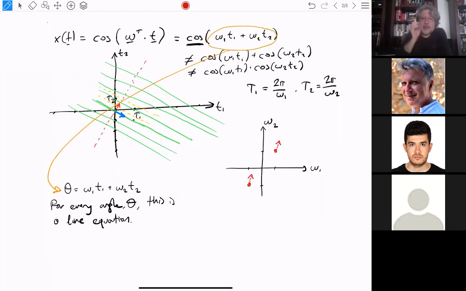And that three-dimensional surface waveform consists of a cosine with angles corresponding to line equations on the t1, t2 axis, which are the coordinate axis of that image, of that function. So if the coordinates form a line for the angle, the cosine of that angle also forms a line, because omega 1 t1 plus omega 2 t2 equals theta is a line equation.